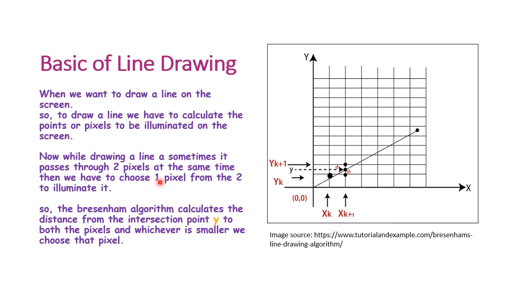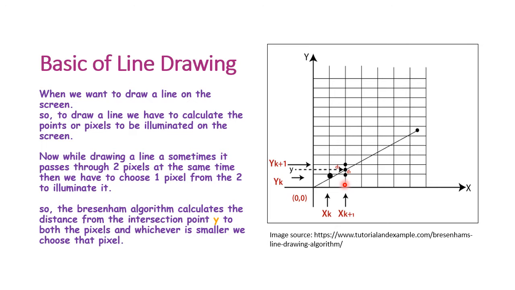Then we have to choose one pixel from the two to illuminate it. Now as shown in figure, see the line here, that line passes through these two pixels. So at that time we need to take a decision whether we should choose this pixel or this pixel, and the line intersects here at point y.